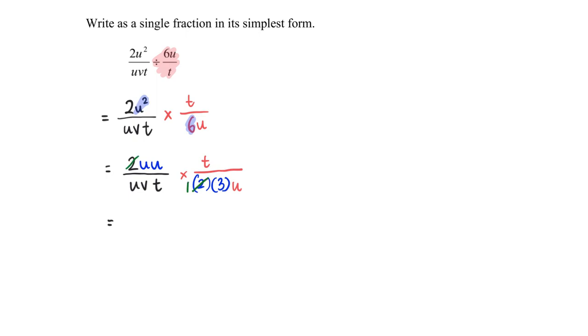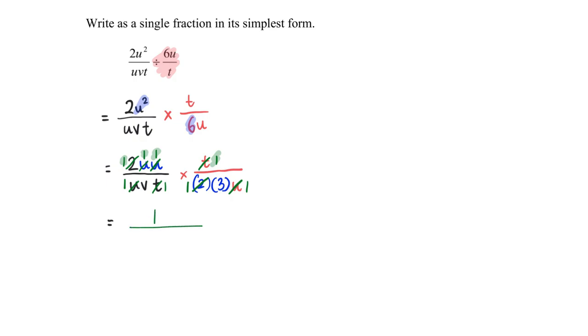Meaning, u divided by u, that will give me 1 over 1. U divided by u, that will give me 1 over 1. U divided by u, that will give me 1 over 1. T divided by t, that will give me 1 over 1. Such that the final answer for the top would be 1 times 1 times 1 times 1 is still 1.